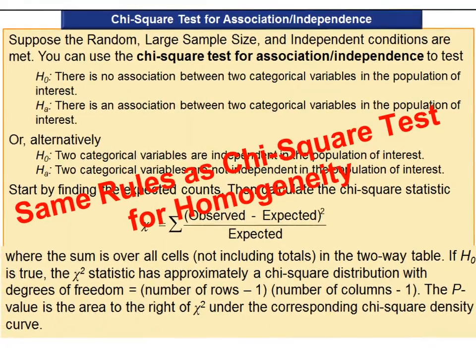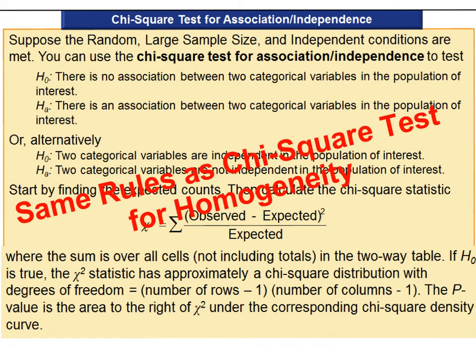I'm hoping that you see lots of similarities with the test for homogeneity, because it really is basically the same thing except for a couple subtle little differences. So here, how we get expected counts, conditions, calculator, everything is exactly the same.